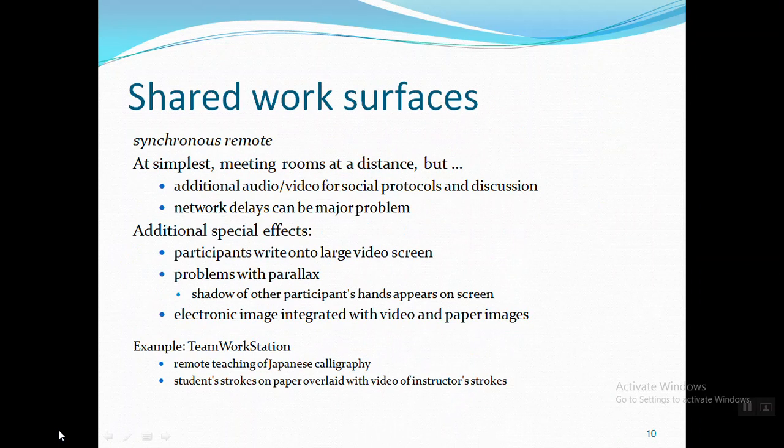Which means subteams of a particular team will be physically apart, in different buildings in a particular city, or in two or three different cities in a country, or sometimes in two countries also. So, as rightly put in the slide, at the simplest level, meeting rooms at a distance, that's all.